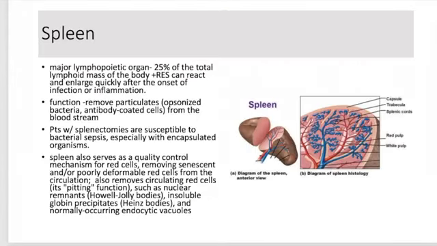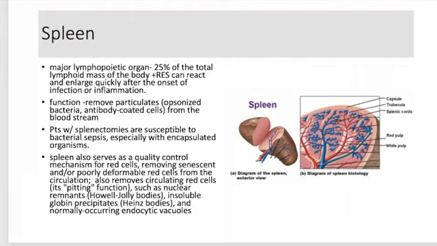So let's take a look at the spleen. It is a major lymphopoietic organ, 25% of the total lymphoid mass of the body. We have the reticular endothelial system, which can react and enlarge quickly after the onset of infection and inflammation. Its function is to remove particulates such as opsonized bacteria and antibody-coated cells from the bloodstream, so a major cleaning mechanism.